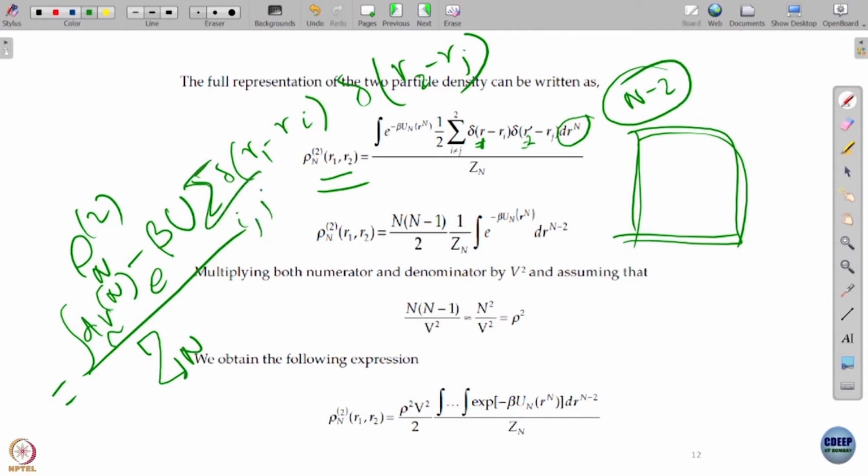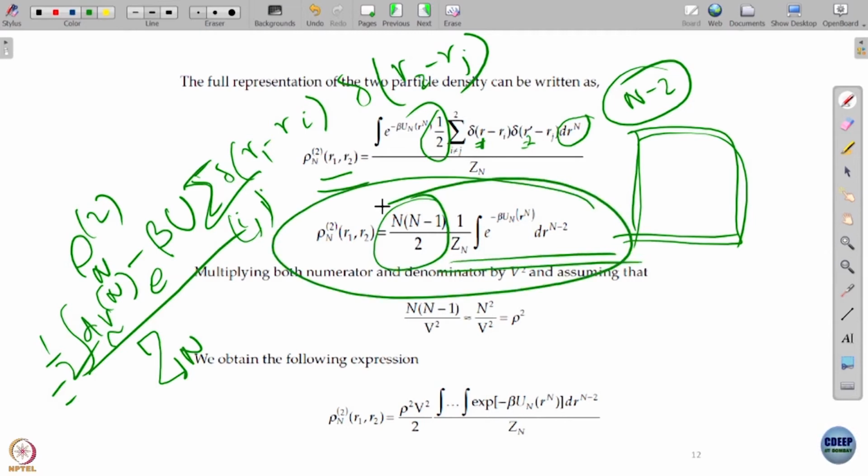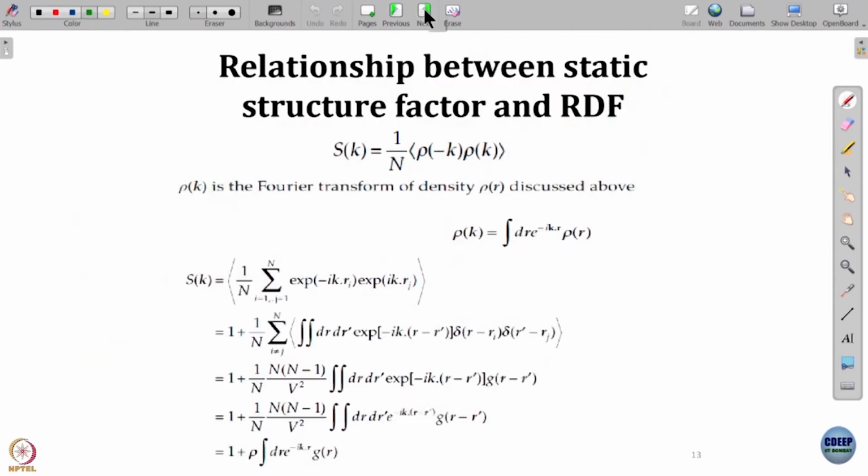If I make them a double sum, then I have to avoid over counting, so I have to take half. So, this is rho R1 R2. The number of ways I can pick it is n into n minus 1 by 2 particles, which is the same thing that we have done in the last page also, repeated here. So, nothing new we are doing here.